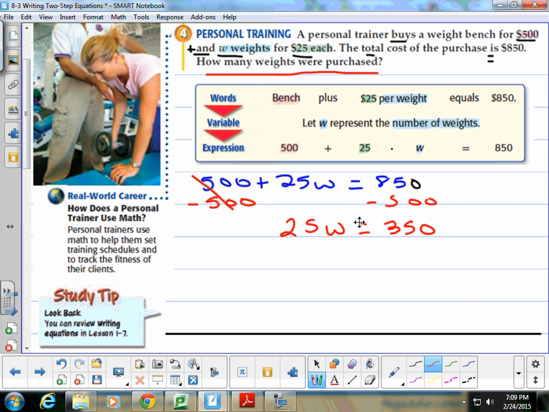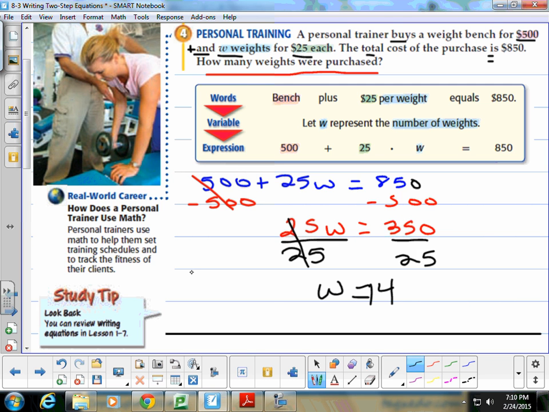So right now it looks like without the bench, the trainer would have spent $350 just on weights. So then what you choose to do, and I like to talk through and think about what am I doing each step. So that's what this step means. $350 on $25 weights. So divide by 25. So how many times does $25 fit into 350? And you end up with the weights of 14.